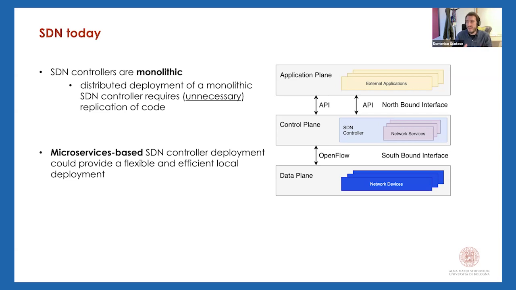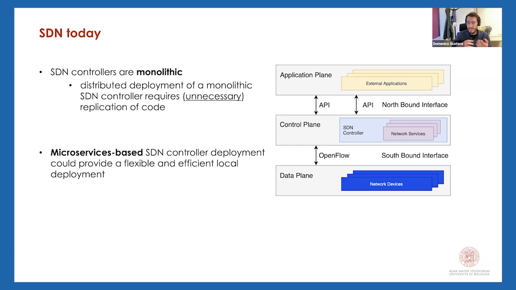Basically, an SDN splits the network into different planes. One is the data plane, which contains switches, hosts, and network devices in general, and the control plane. The control plane actually controls how the data plane works. This is the principle of the SDN controller.